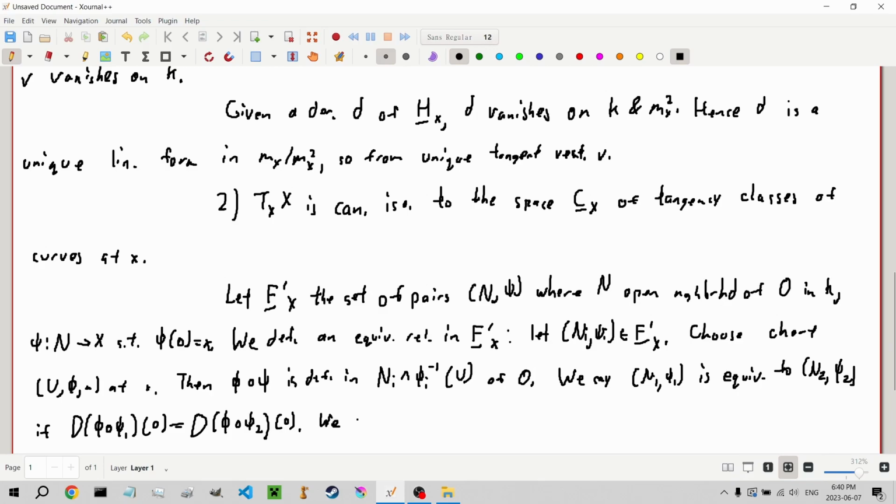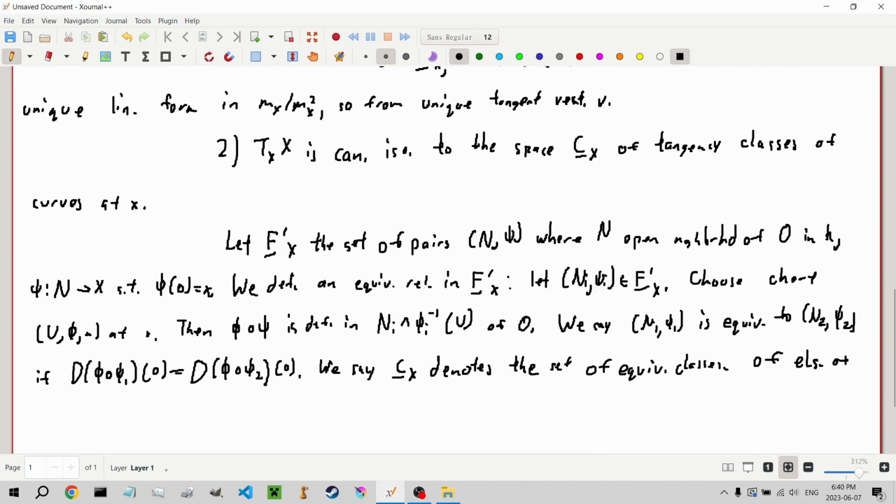And we say C of x denotes the set of equivalence classes of elements of F prime of x.